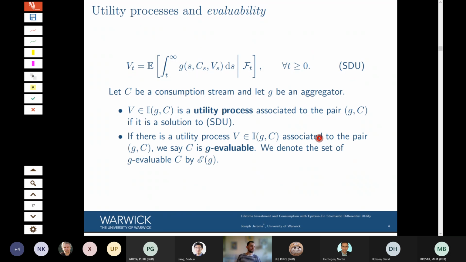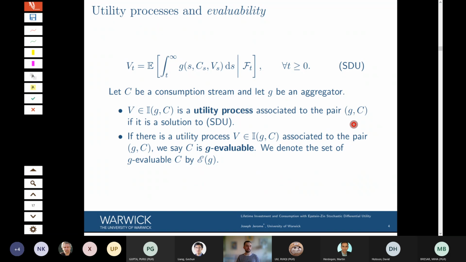We're further going to say that a consumption stream is G evaluable if there exists such a utility process. Here the key word is if there's a utility process. At the moment we don't necessarily know that such a utility process is unique. So we're going to denote the set of G evaluable consumption streams C by script E of G.